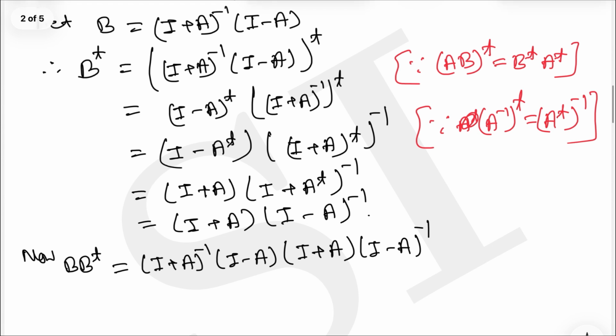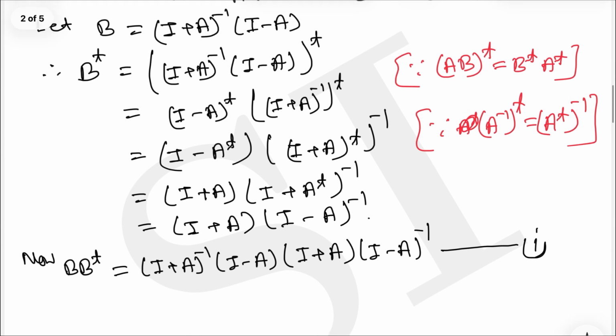Say this is equation number 1. Now actually we have to show that after some calculation B into B transpose is equal to identity.